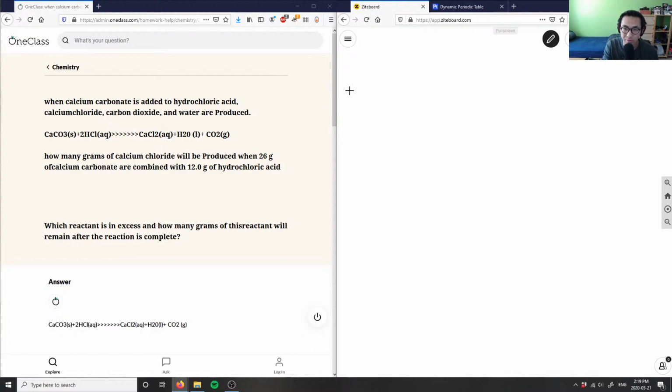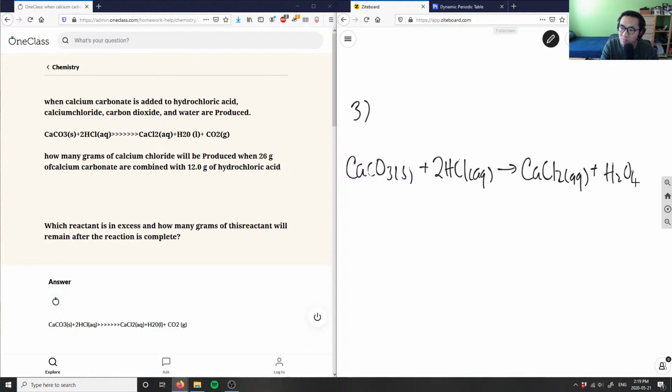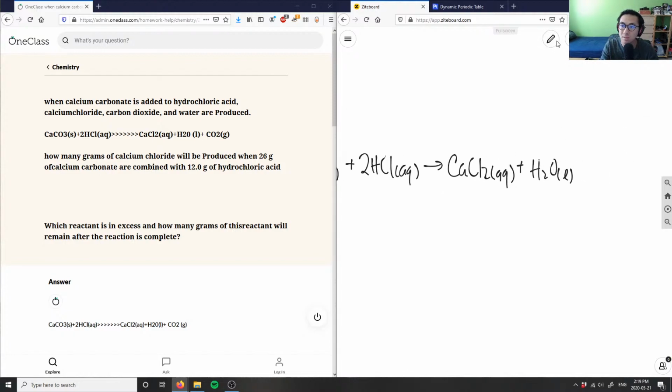So, a classic stoichiometry question. So this is number 3. Let's say we have CaCO3, calcium carbonate, plus hydrochloric acid yields calcium chloride plus water plus CO2.